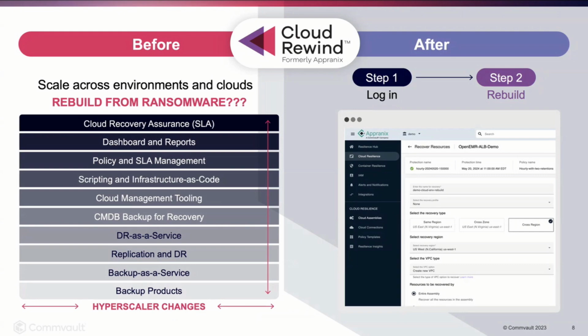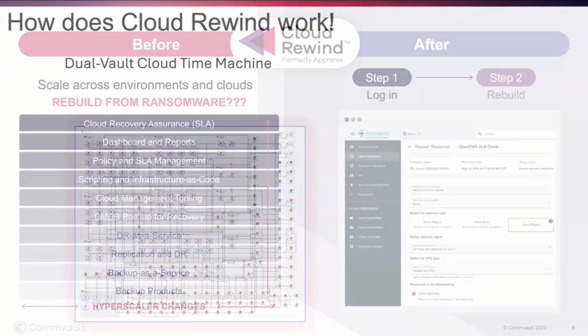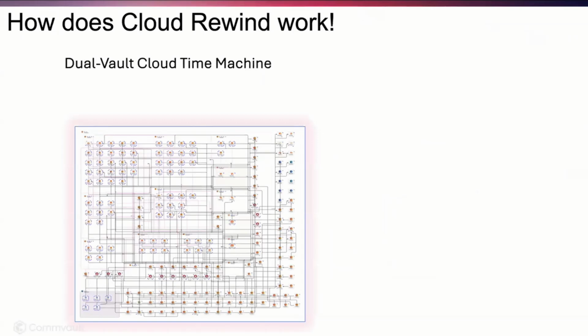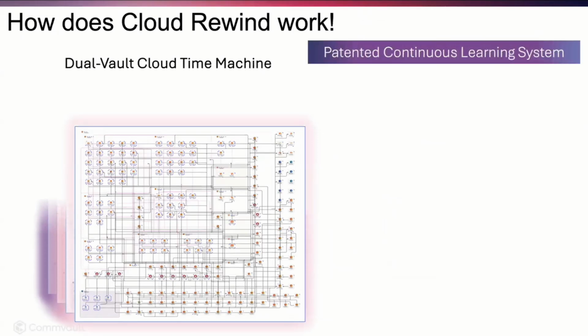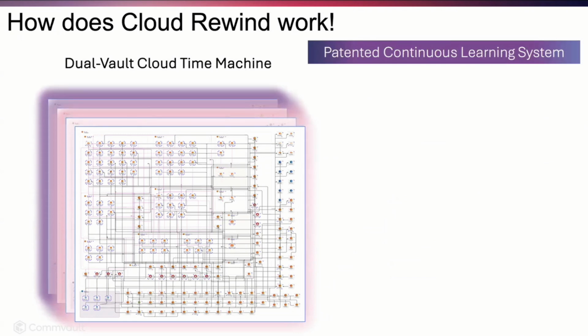Instead, what we are saying is that you could use Cloud Rewind, because Cloud Rewind gives you a cloud time machine. And that cloud time machine has two different vaults. One vault is for all the configurations, all your EC2 instance configurations, the dependencies between the EC2 or Azure infrastructure services, PaaS services, and so on.